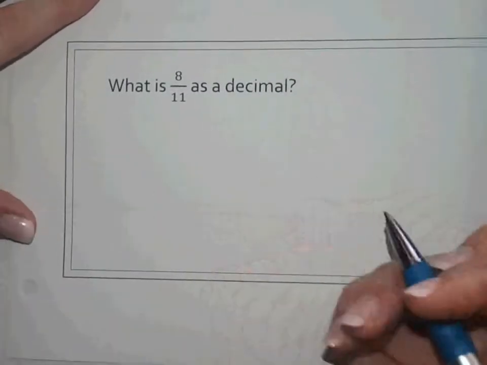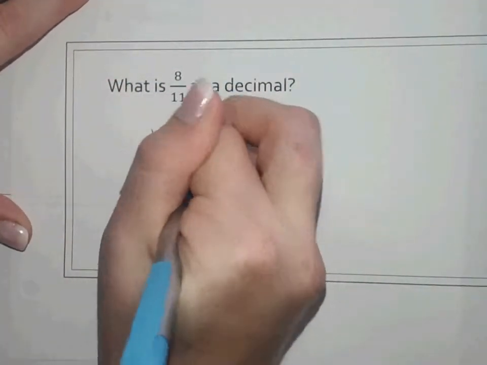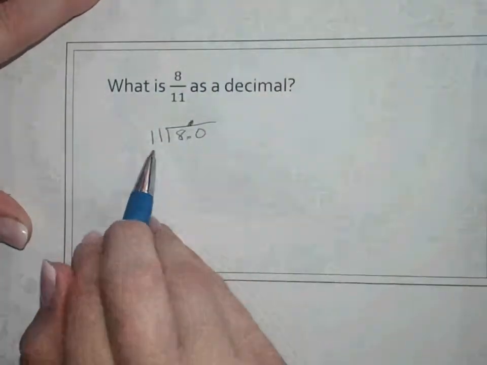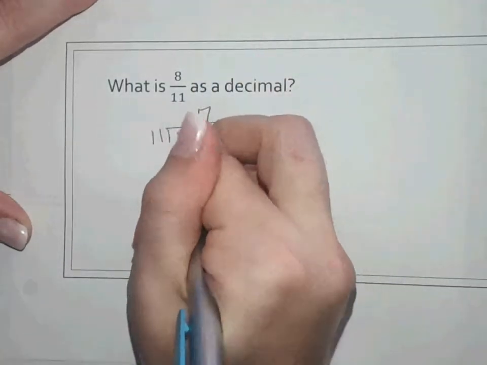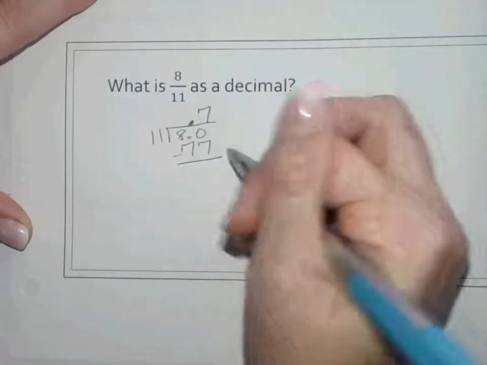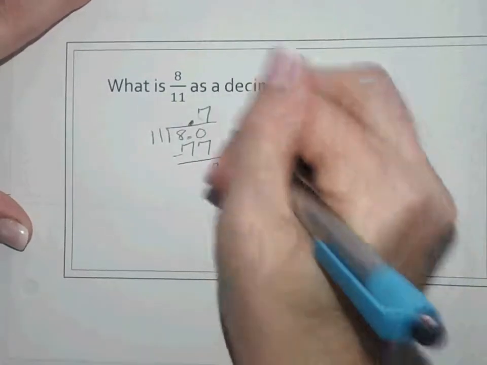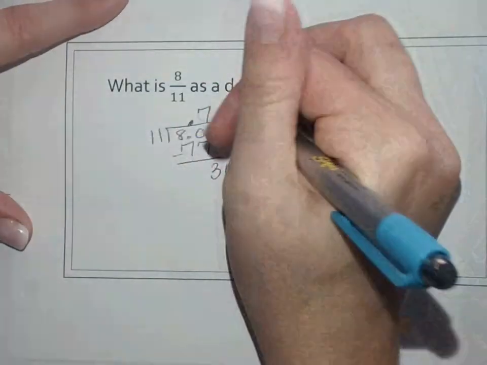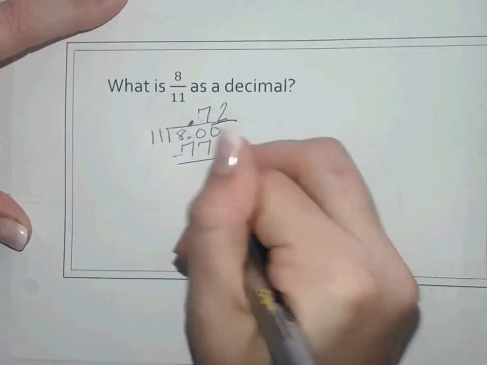What about 8/11? Well, I can do the same thing. I can do our division, and I could say 11 goes into 80 7 times, get 77, and 80 minus 77 is 3, put a 0. Okay, 11 goes into 30 2 times. 2 times 11 is 22.